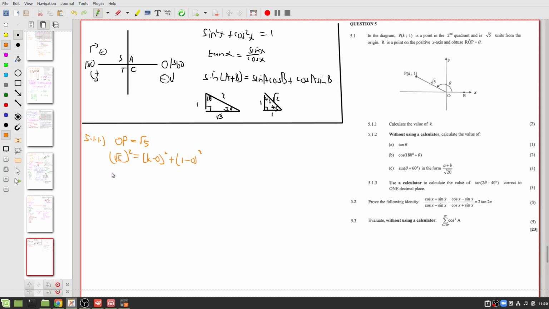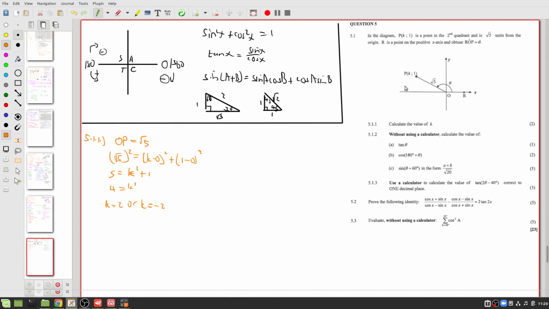Okay, so square root of 5 squared is just 5, equals, not plus, my bad, equals k minus 0, which is k squared, plus 1 minus 0 is 1, and 1 squared is 1. So we can take the 1 over, so 4 equals k squared, and we take the square root.